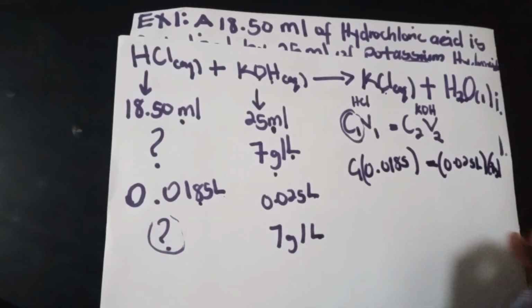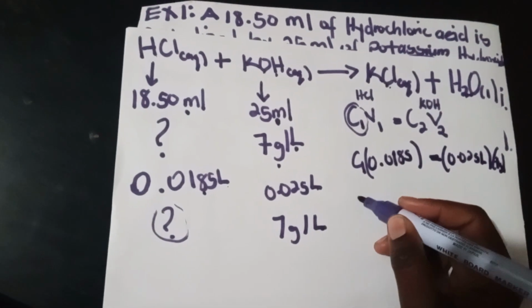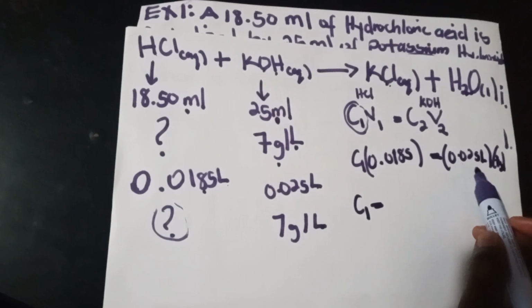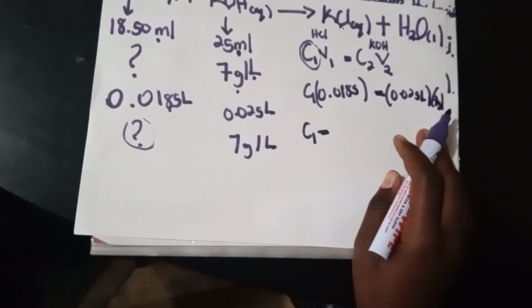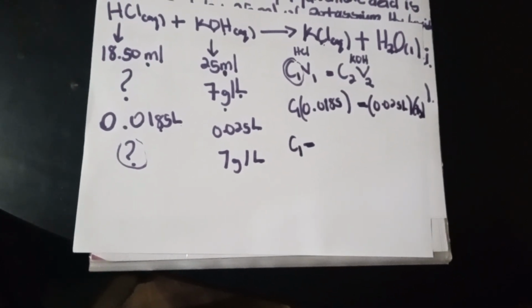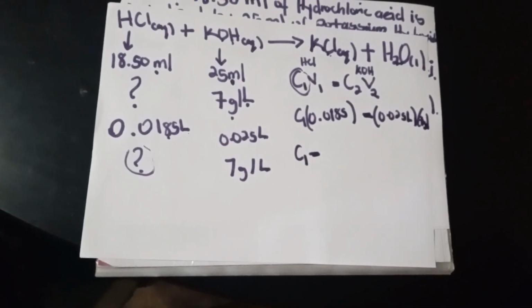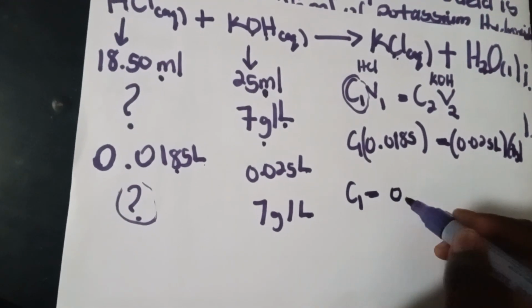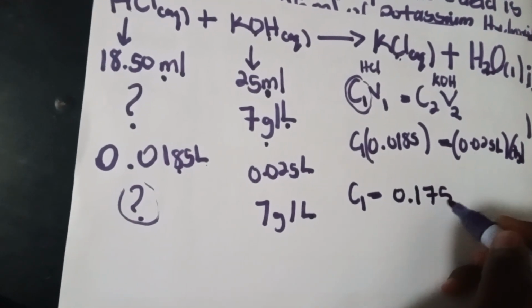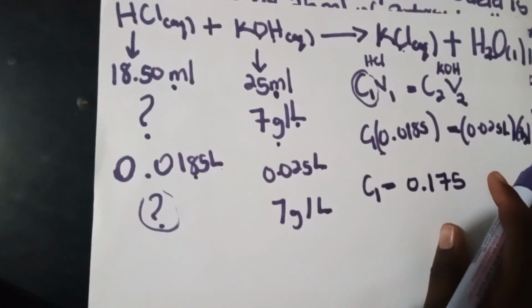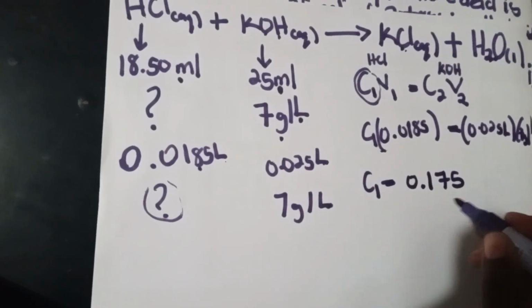So we make C1 the subject of the formula. C1 will be 0.025 liters multiplied by 7 grams, which gives us 0.175, over 0.0185.